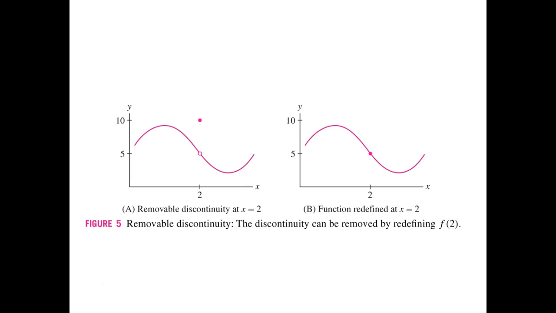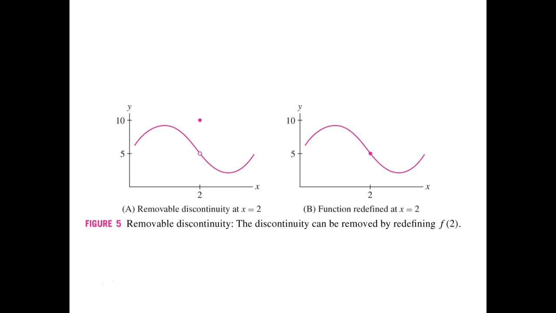So the discontinuity can be removed by redefining your f of 2 from 10 to 5, and now the limit is equal to the value of the function. Up here, the limit from the left and right was 5, the value was 10. That's a discontinuous function.